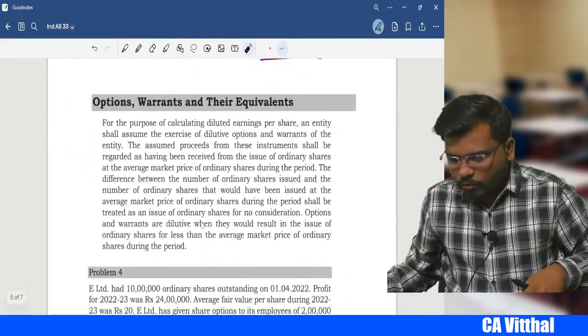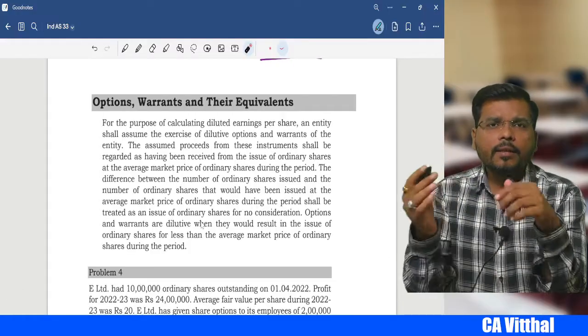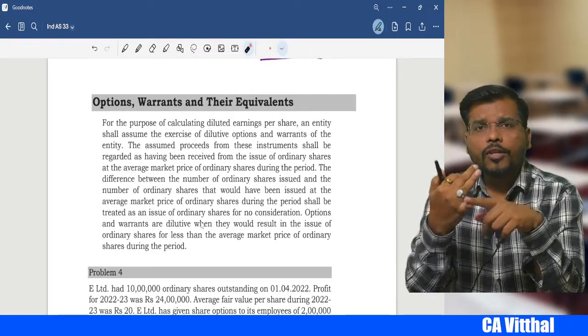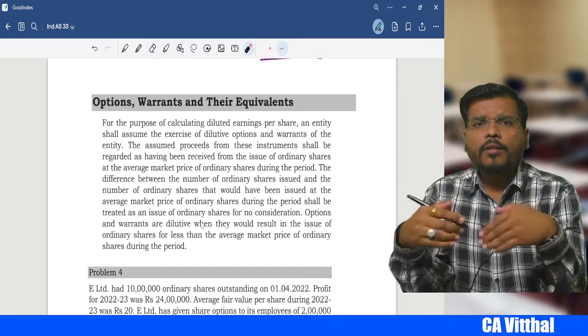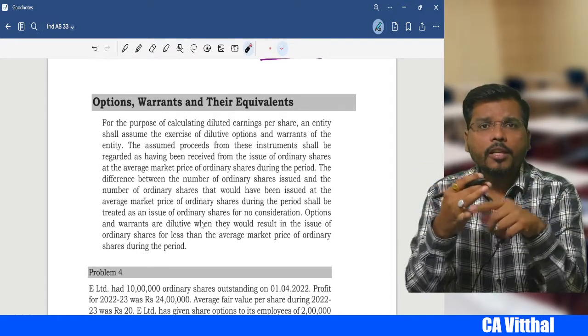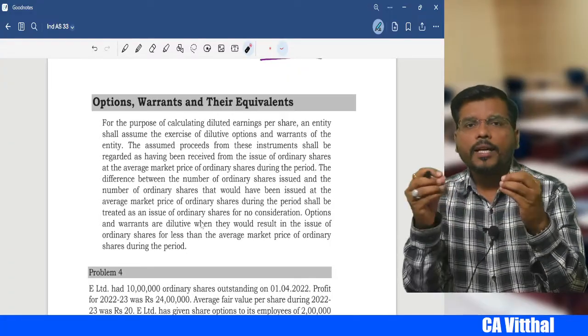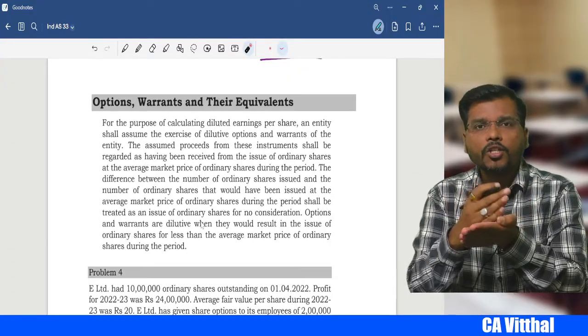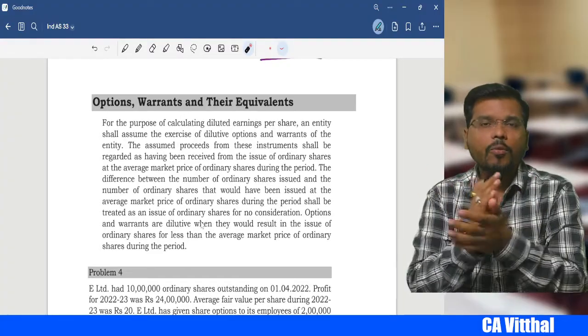Okay, next one, my dear student. In a company, sometimes there will be shares which are converted into share warrants, or sometimes the company may give employees an option, which is an employee stock option, to purchase shares after completion of the vesting period. ESOP, you might have studied this one.